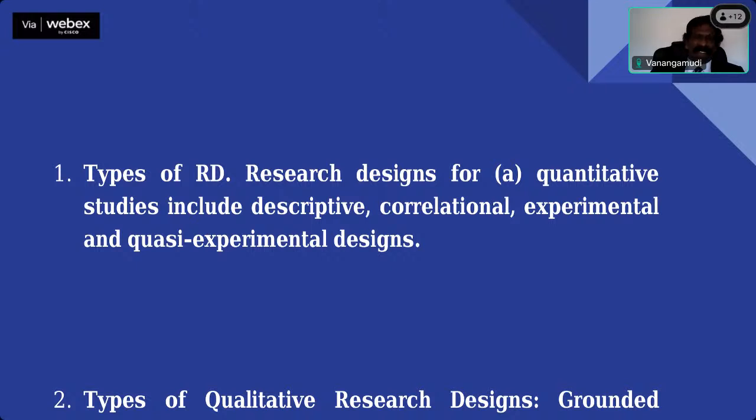When age increases, legal awareness increases. I say it is a correlation. So when one variable is related with another variable, one independent, another dependent, it is called correlation. So in research design, descriptive and correlational types are part and parcel.